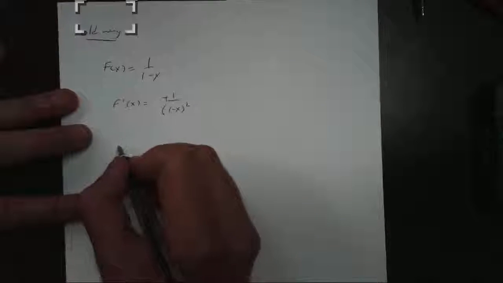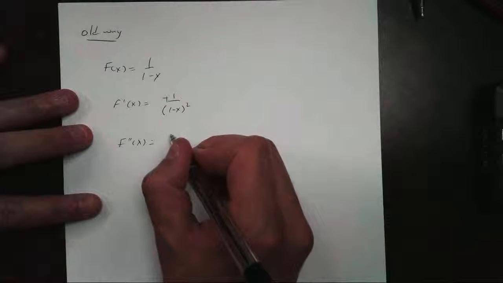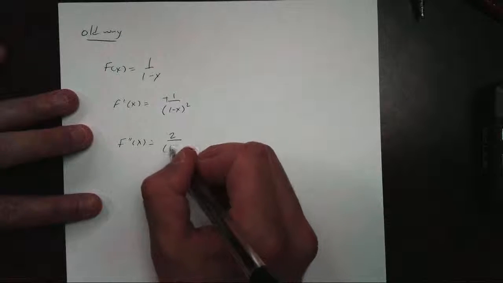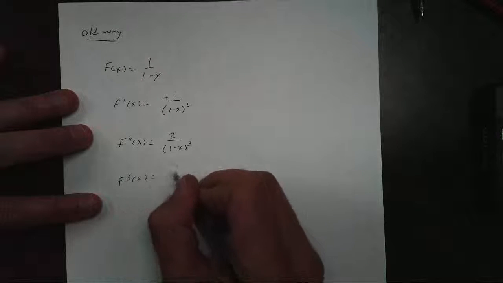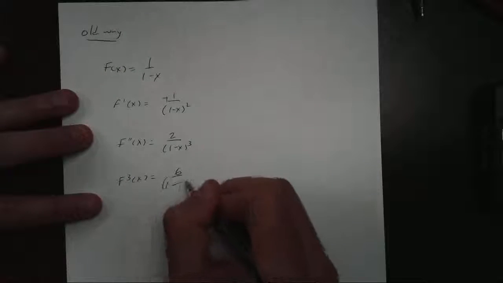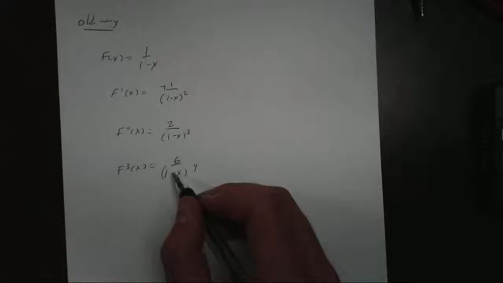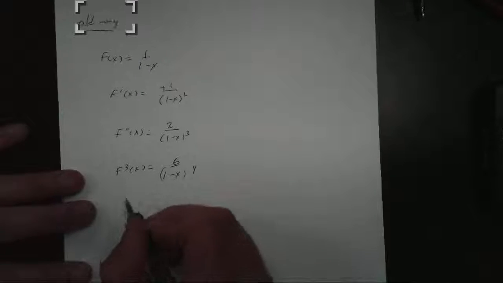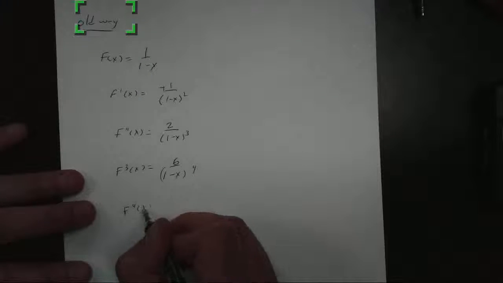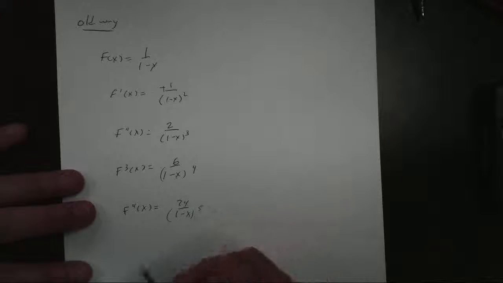My second derivative gets a little bit trickier. This becomes 2 over 1 minus x cubed. My third derivative, 6 over 1 minus x to the fourth. Remember, the signs would alternate, but you get that negative down below from the chain rule. And my fourth derivative would be 24 over 1 minus x to the fifth.